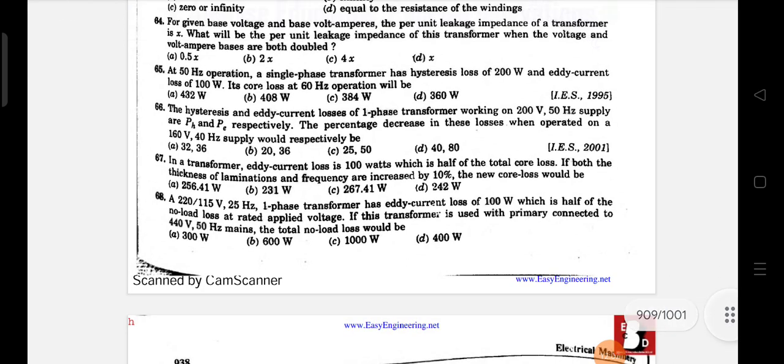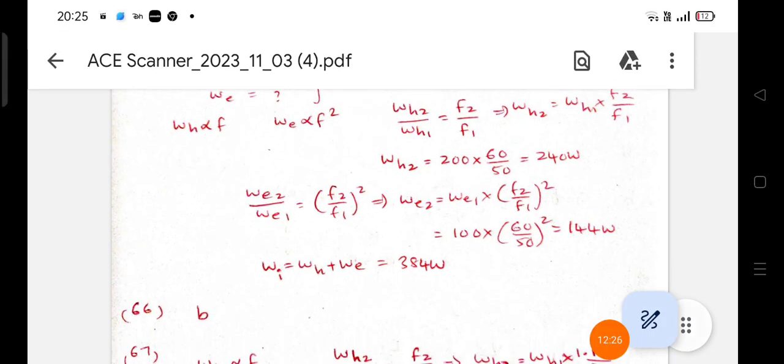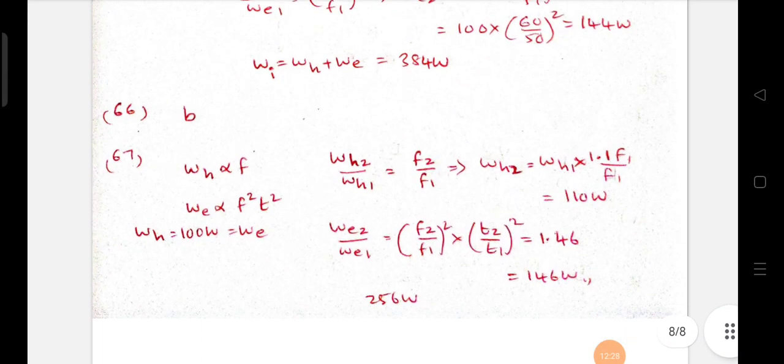Next, in a transformer, eddy current loss is 100 watts, which is half of the total core loss. If both the thickness of laminations and frequency are increased by 10%, the new core loss would be? Core loss is nothing but hysteresis loss and eddy current loss, right? Hysteresis losses depend upon frequency; eddy current losses depend upon frequency square and thickness of laminations. Now see, WH2 by WH1 is equal to F2 by F1.